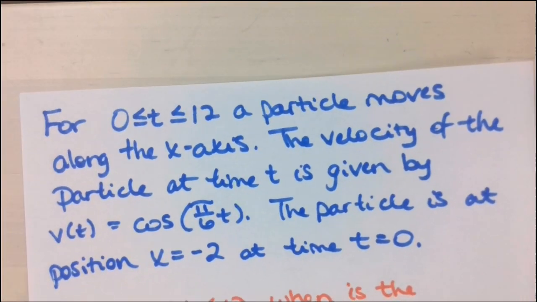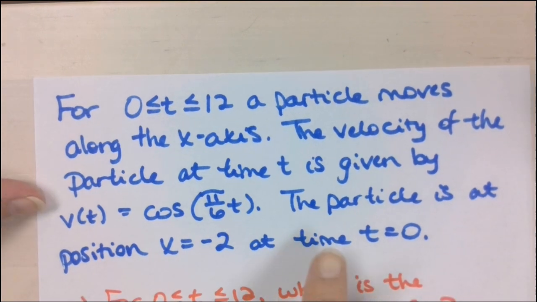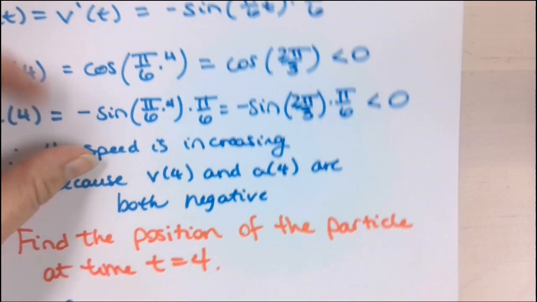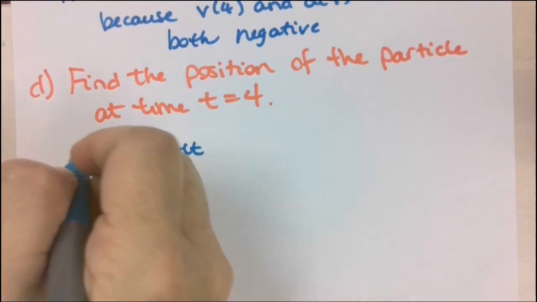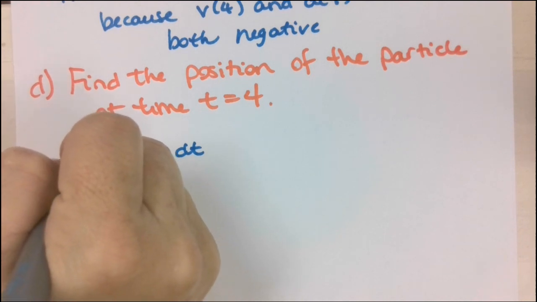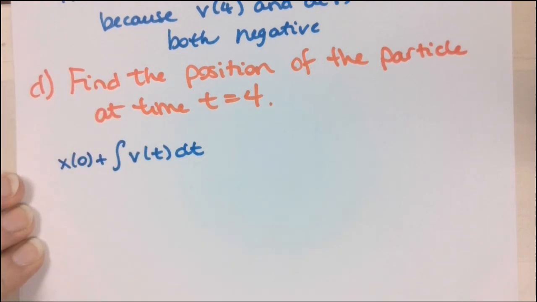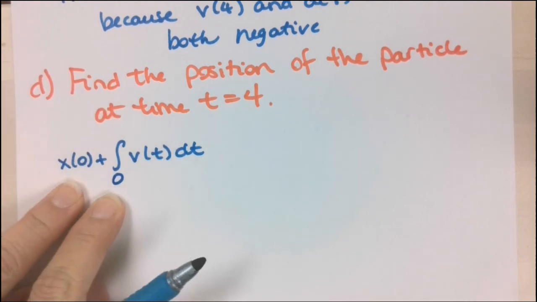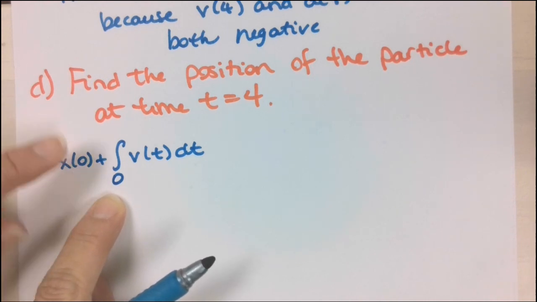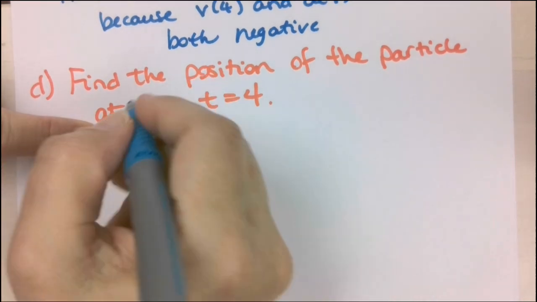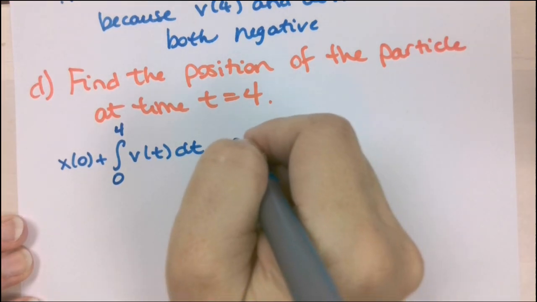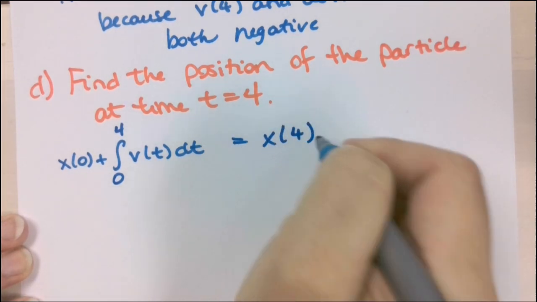Let me share the prompt again here. The last thing that they told us in the prompt is the particle is at position x equals -2 at time t equals 0. So that means I know x of 0. I'm going to start my integral at 0, and I'm going to stop my integral at the time we're interested in, which is 4. This is going to give me x of 4.